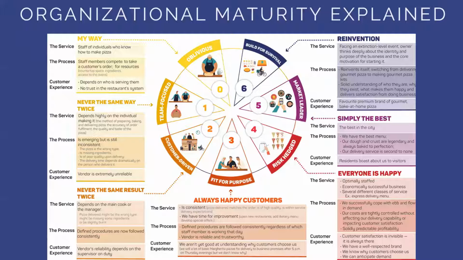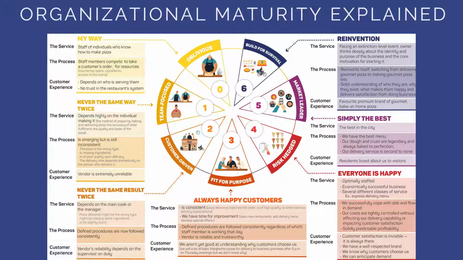Otherwise, the chance that the task will be delivered is rather low. So maturity level 0, individual; maturity level 1, team focused. But although there is a customer, the consciousness of the customer among team members is not very high yet. And maturity level 2 is when we start to think about the customers.